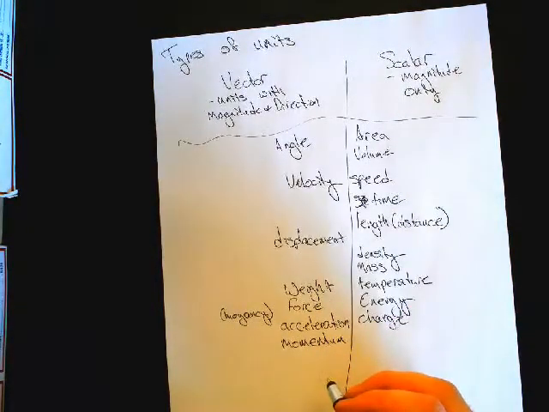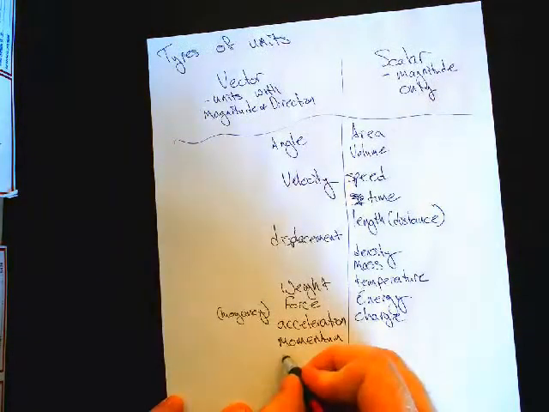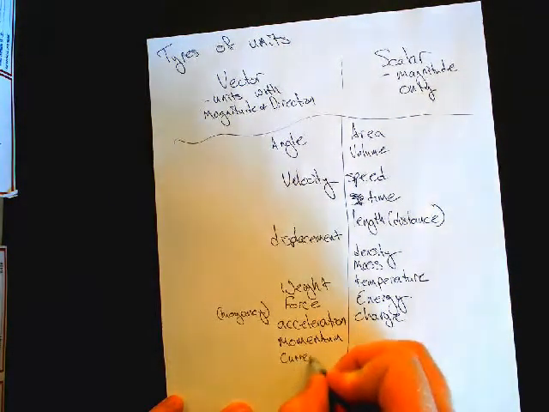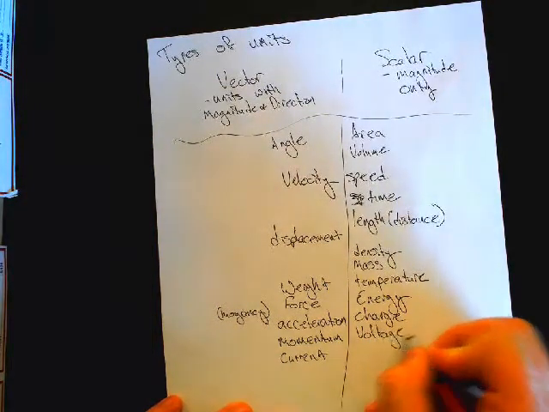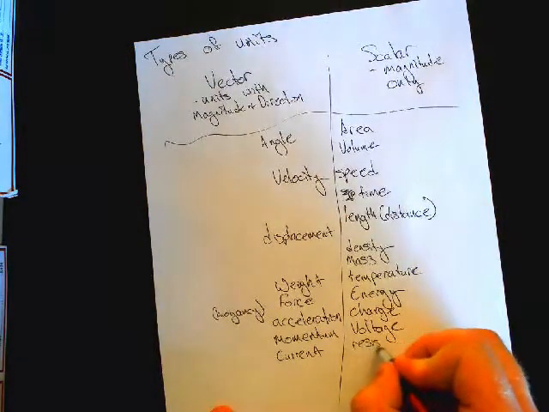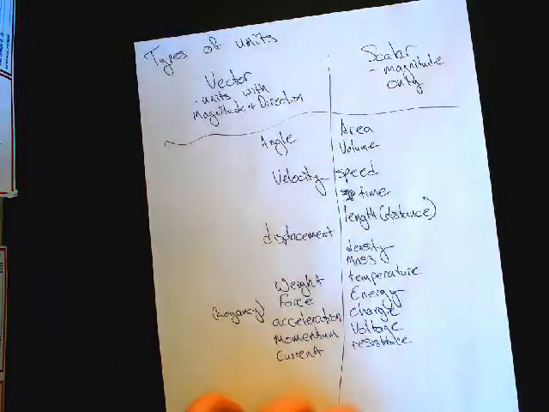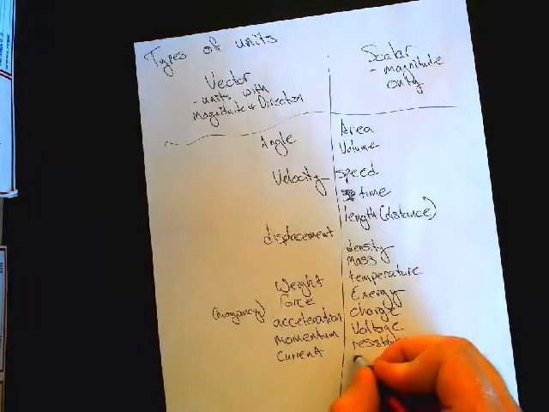Is that like electric charge? No, there's a lot more options there. Current. Current's typically a vector. Voltage would be over here. Resistance would also be over here. Capacitance? Now you're getting into awfully tricky things.